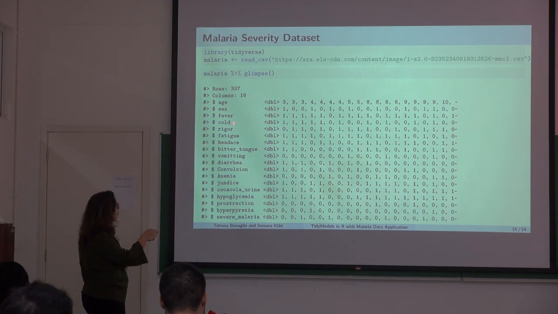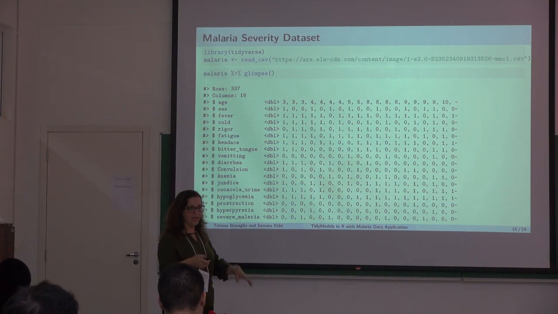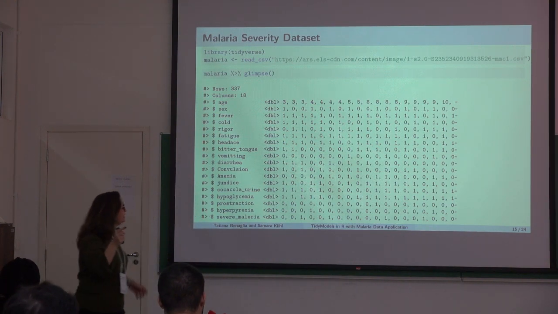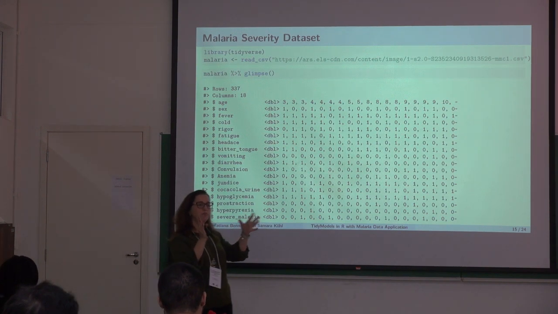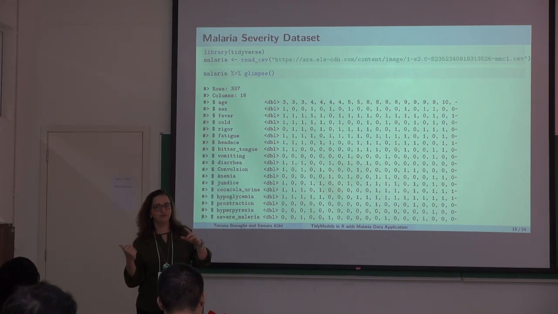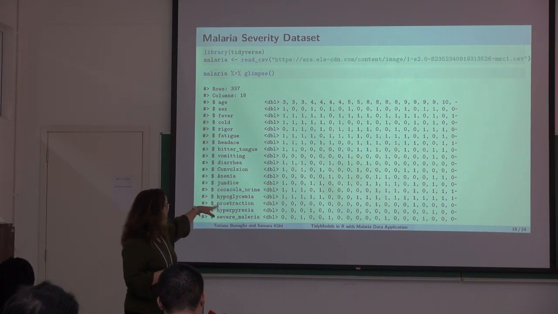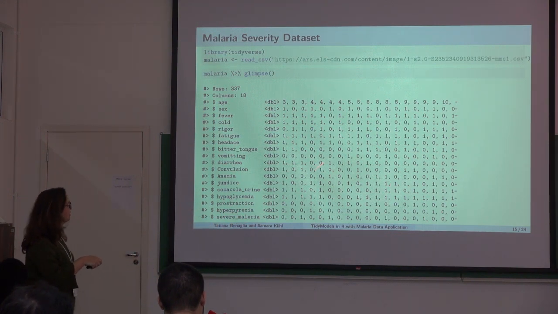So it's a yes or no response. But it's already in a dummy format. So this is one thing you need to check, because if this was yes and no, it would be a factor, then you would have to transform this to a dummy variable. But this is already done for us.